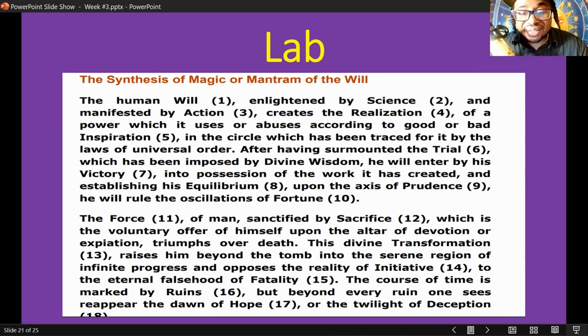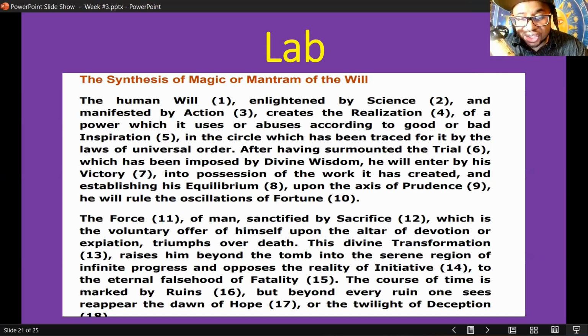The force of man, number 11, sanctified by sacrifice. Number 12, the martyr, sacrifice, the martyr, get it? Which is the voluntary offer of himself upon the altar of devotion or expiation. Devotion or expiation. Look up the difference between those two words. Triumphs over death.